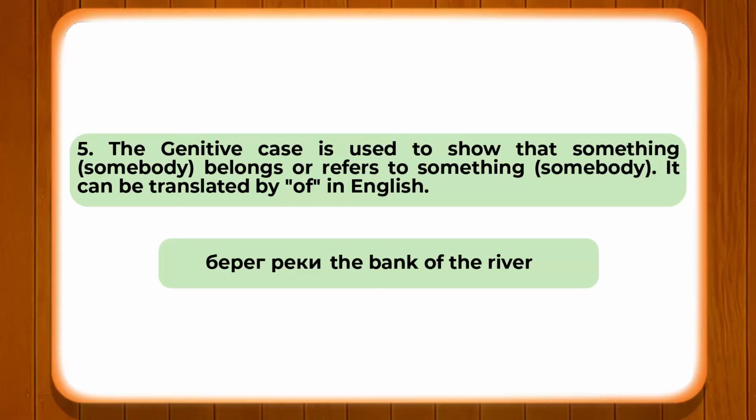Bank of river. And if we want to give an expression that of who, so брат, брата, brother of brother, and many other expressions which gives an expression of, so that we understand it properly.